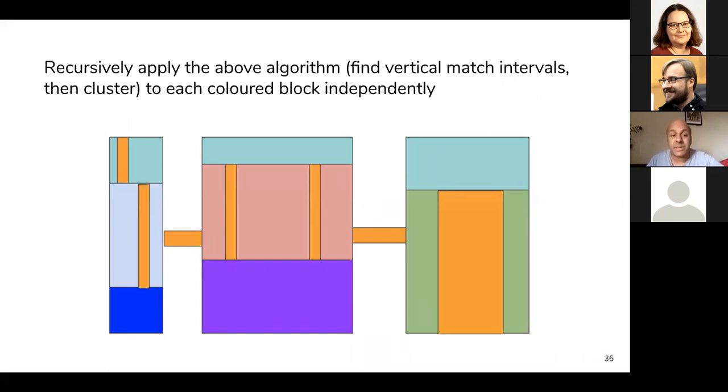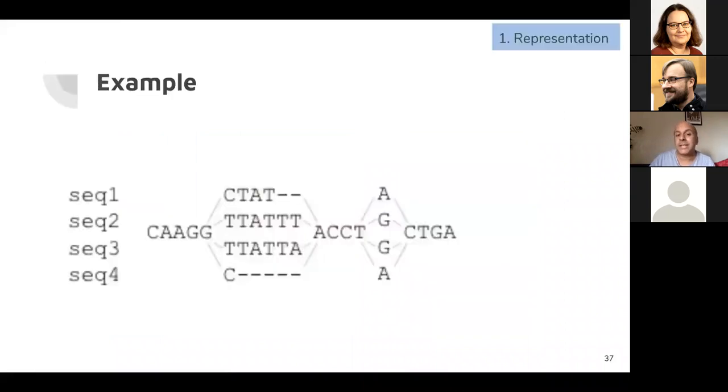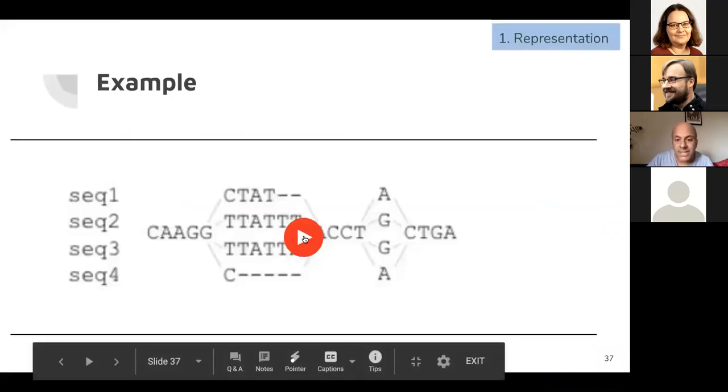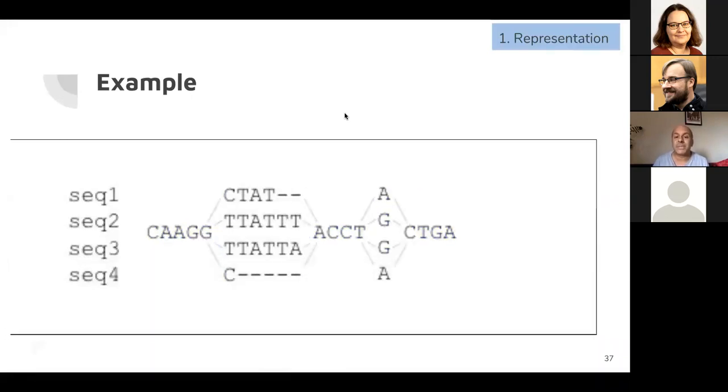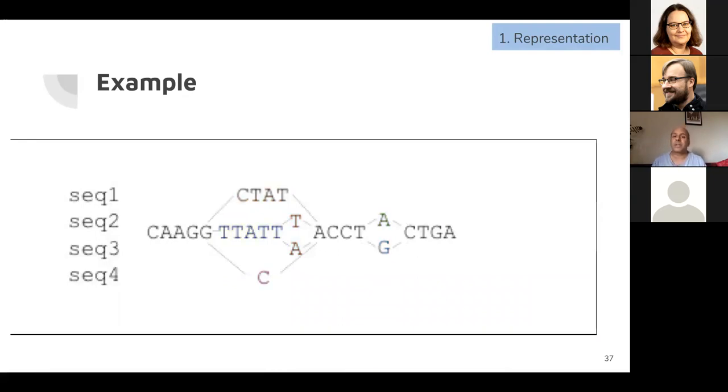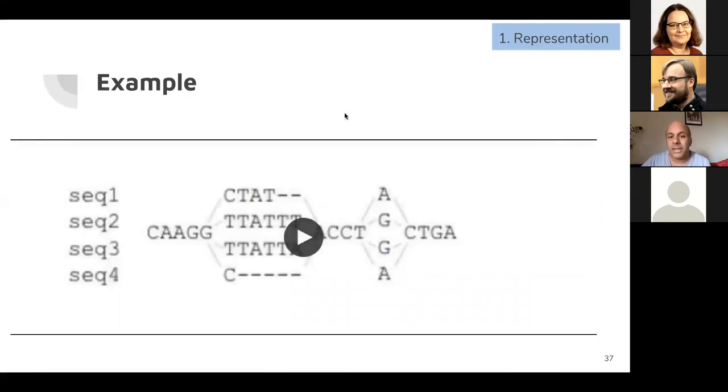Because they're now more similar, I've got more of a chance of finding vertical matches, and I keep going. I don't know if this is really helpful, but this is a little video of it going with some sequence. You find matches, you collapse, and you find more matches, and you collapse again, and you end up with a graph. So that's how we do it, okay? And in this complicated region, we've preserved those sequences that we know always go together.